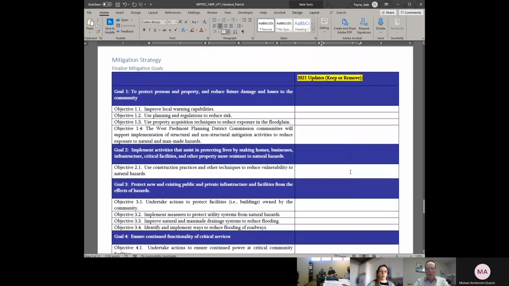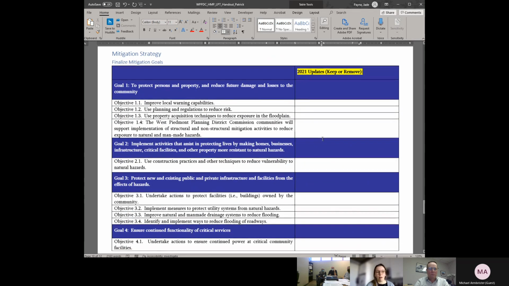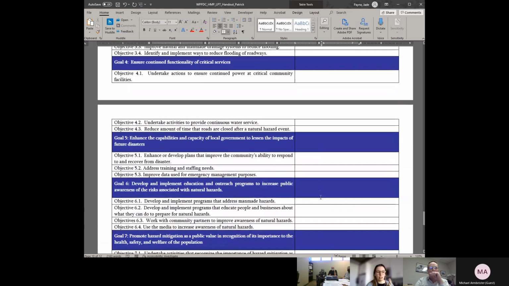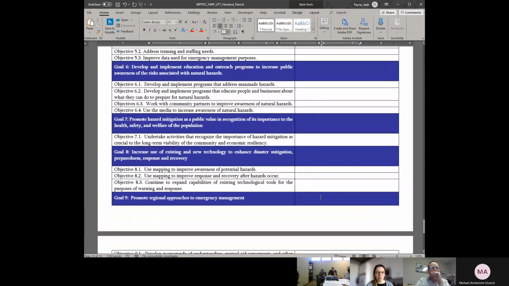Okay, so moving into the mitigation strategy section, these are the mitigation goals from the 2016 plan. As you can see, we have goals with specific objectives listed under each one. They are pretty extensive and detailed.